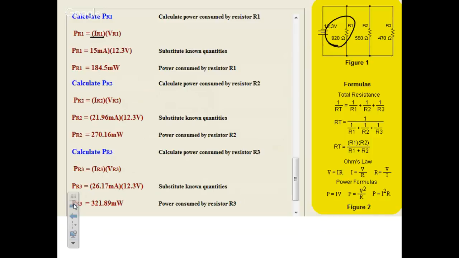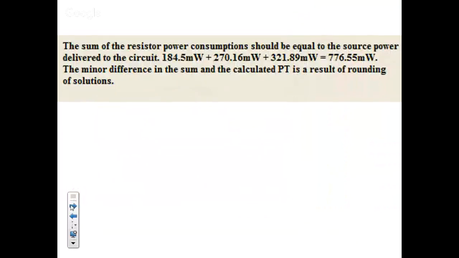Then we move on down to calculate PR2. It's going to be the current, 21.96 milliamps across this one. So forth and so on until we come up with these three values. And guess what? Once we add them up, they should equal power total. Same thing with current total.